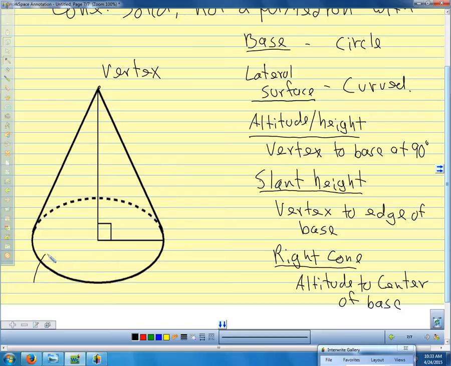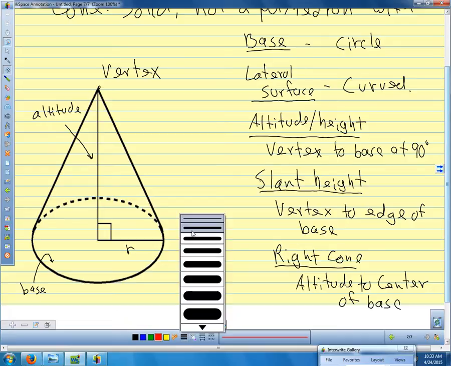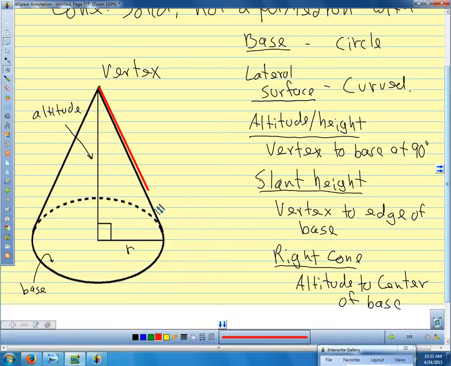My base is this circle. The circle has a radius. Call that radius R. There's my altitude. And the slant height just goes down the side of the cone here.